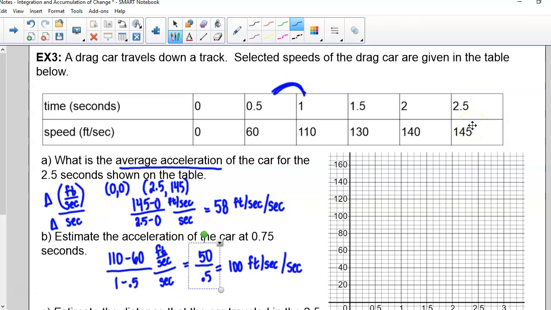If you think about taking off in your car, at first you're getting a lot faster real quick. But once you get it up past 100, it takes a while to get a little bit faster. As you reach your top speed, you can still get a little bit faster, but it's going to take a long time to get a little bit faster.